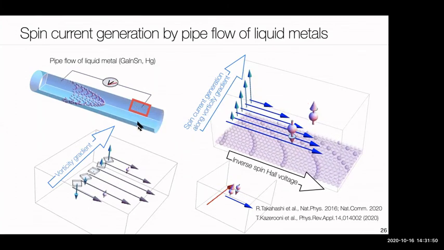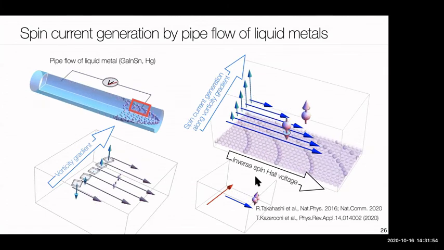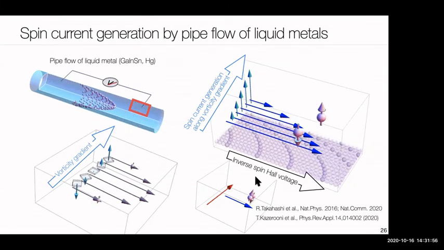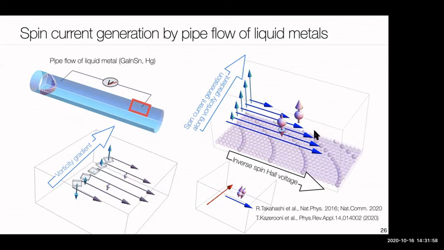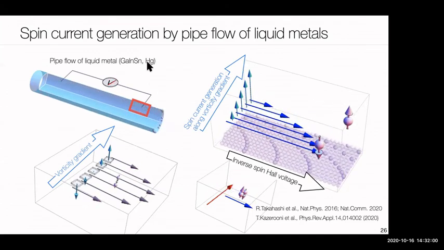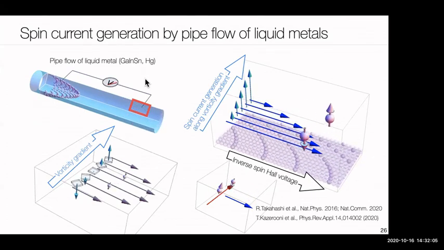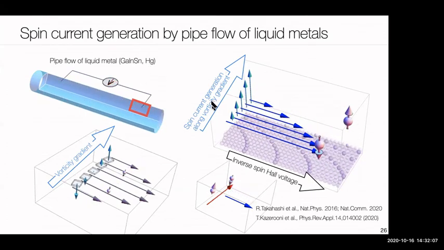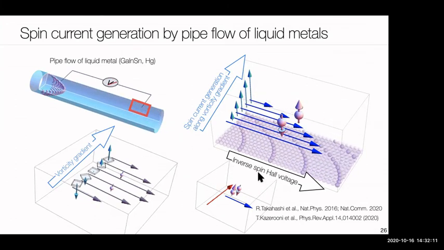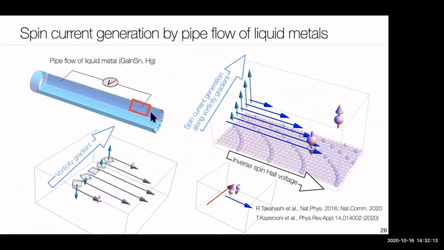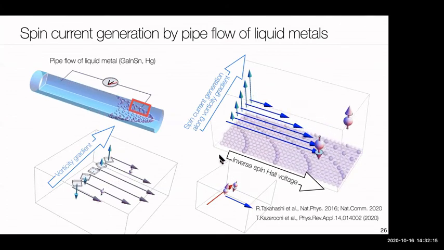Usually, you put a heavy metal such as platinum as the spin current source. But in this case, our liquid metal is a spin current source as well as the spin conversion detection material from the spin current to the electric current.